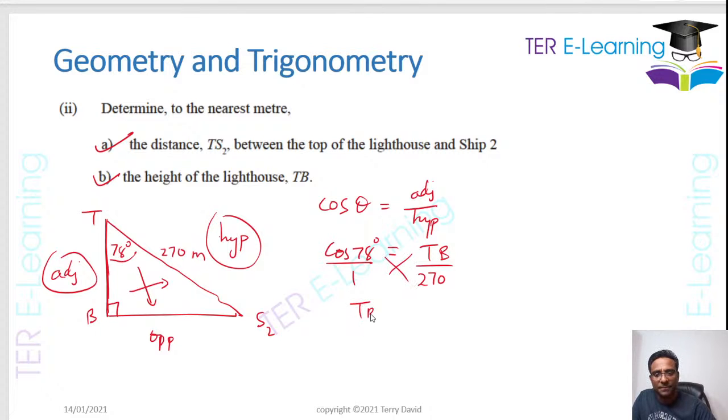So TB is equal to 270 multiplied by cosine 78 degrees, right? So TB is equal to, and what I'm going to get here is 56.1 meters. All right.